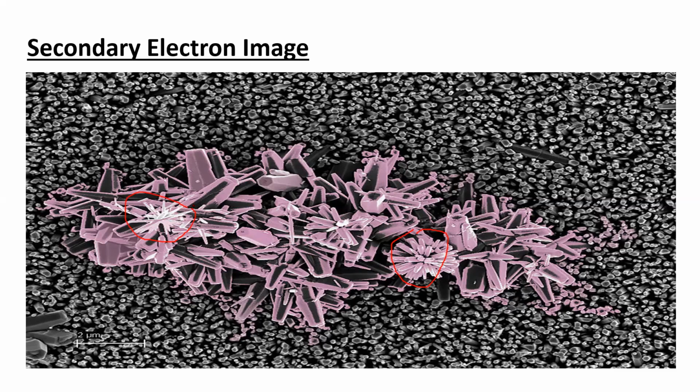You can see the scale bar at the bottom left of the image. It indicates that most of these nanowires are a few microns long and only 50 to 100 nanometers wide.